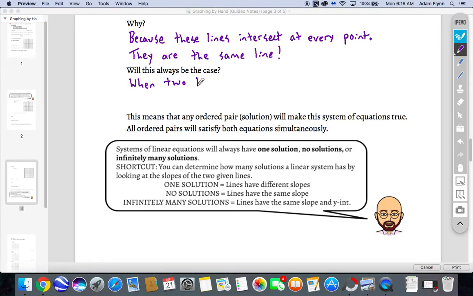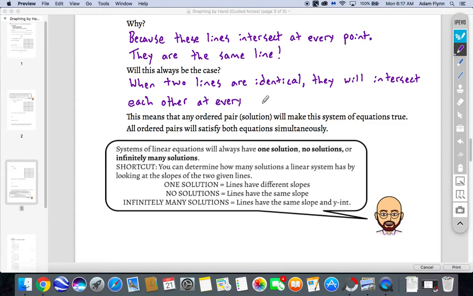When two lines are identical, they will intersect each other at every point they touch.